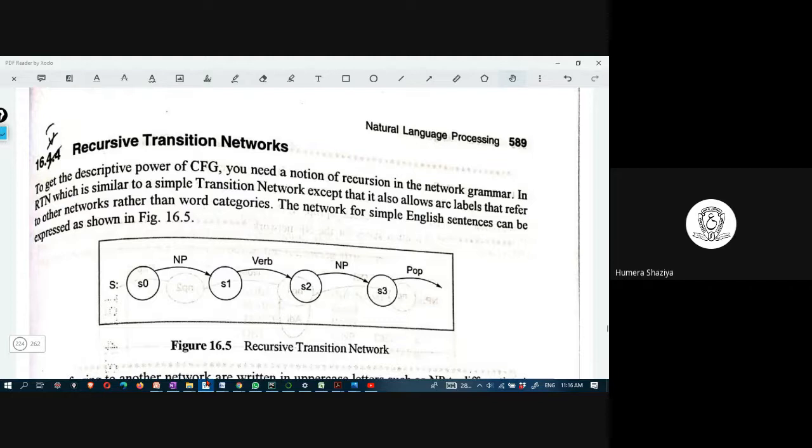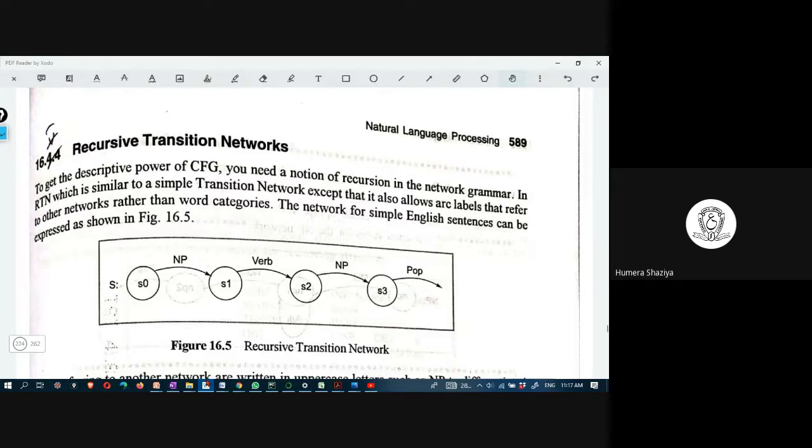Observe here that sentence S begins, S0 finds a noun phrase, reaches S1, moves to S2 on getting a verb, again finding a noun phrase, reaching S3 and ending. Within this sentence, we have two noun phrases, one noun phrase within another.